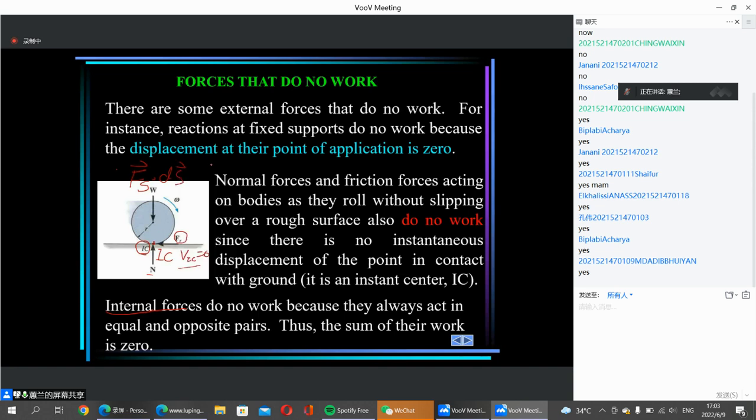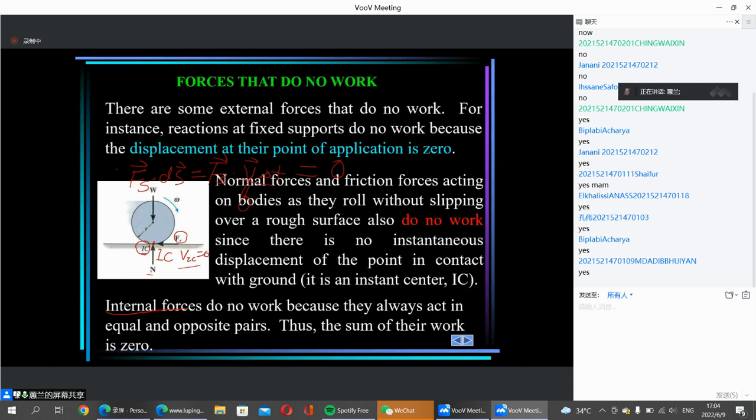ds is displacement, and displacement is equal to the velocity times delta t, right? Because v is always equal to zero, the work by the friction force on the non-slipping rolling disk is equal to 0. The friction force does no work on the rolling disk.